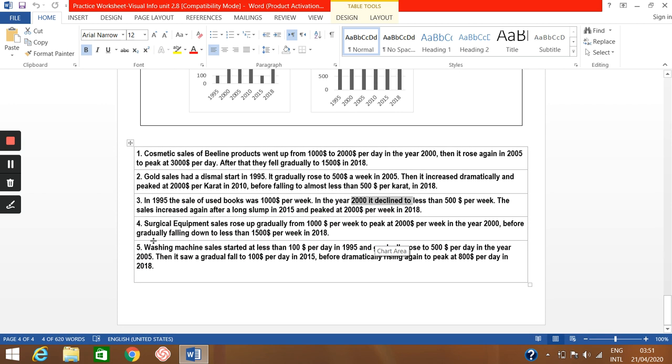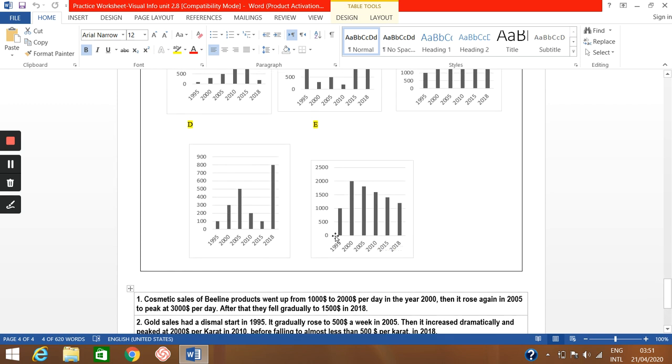So let's read it once again. Surgical equipment sales rose up gradually from 1,000 per week to peak at 2,000 per week in the year 2000, before gradually falling down. So the last trend is falling down.